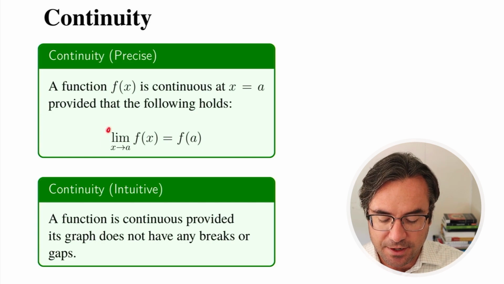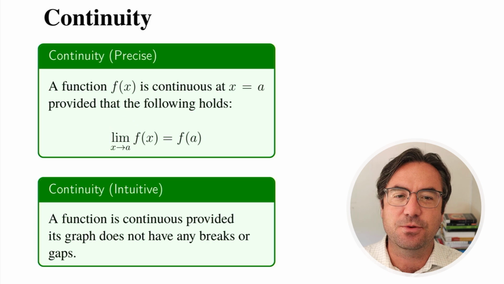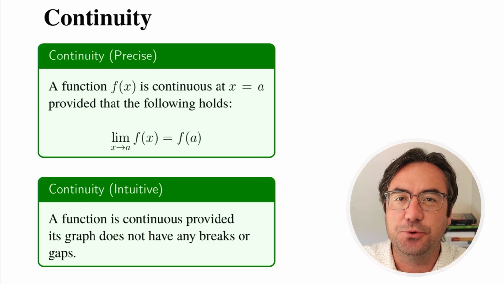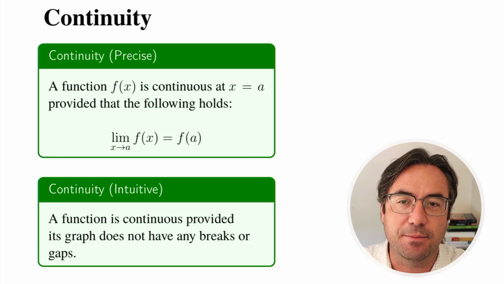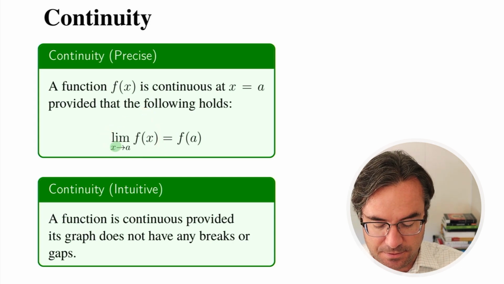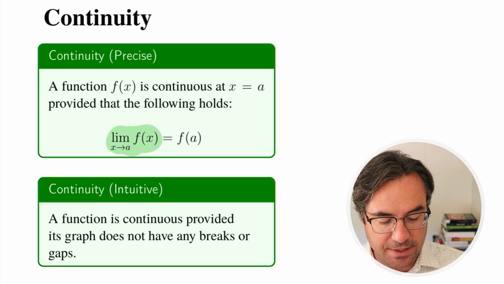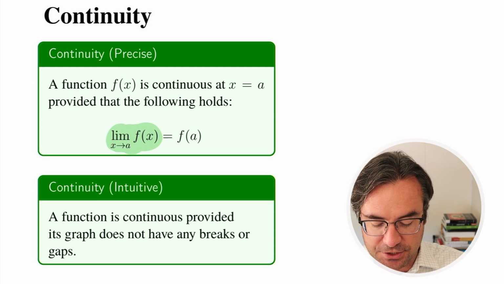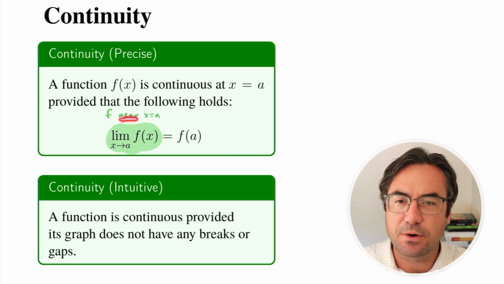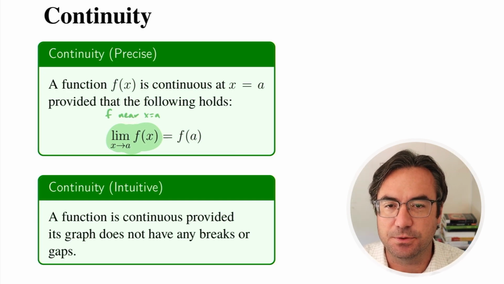We want to think of limits as describing the behavior of our function as our input gets close to the number. So this limit describes f near x equals a. What's going on to our function around x equals a?